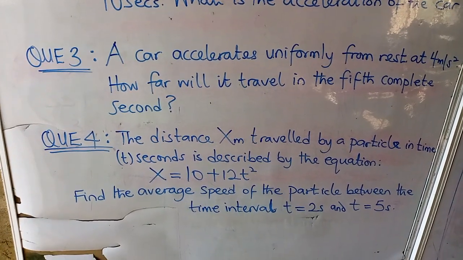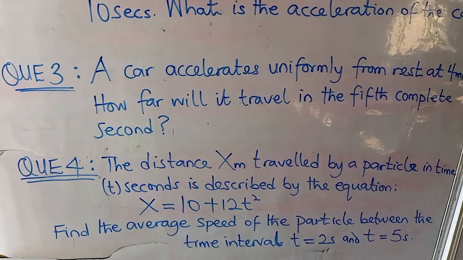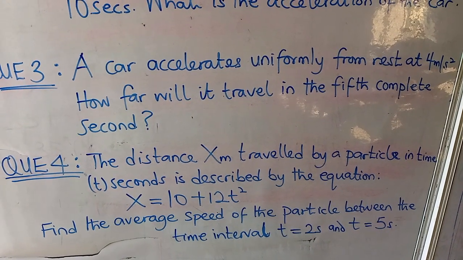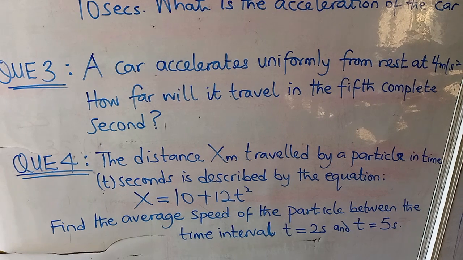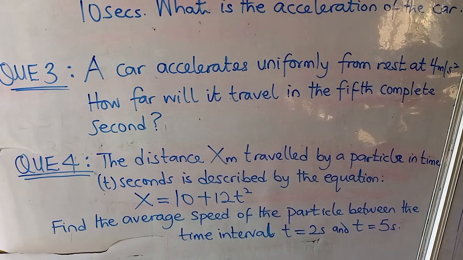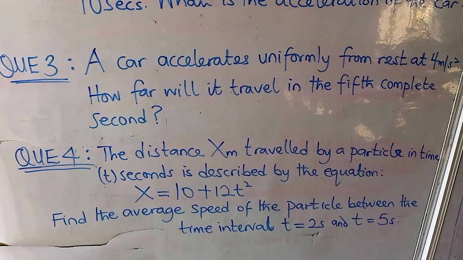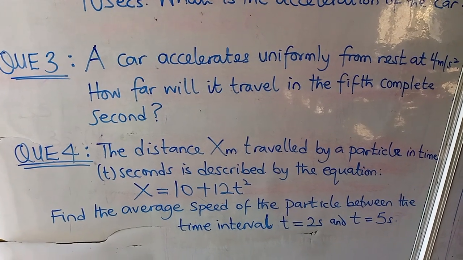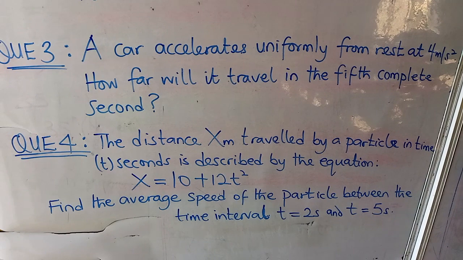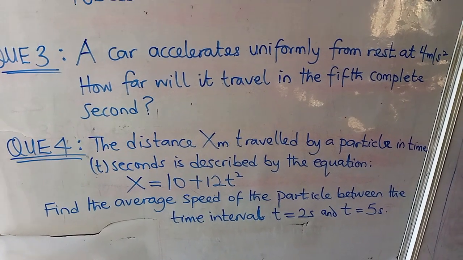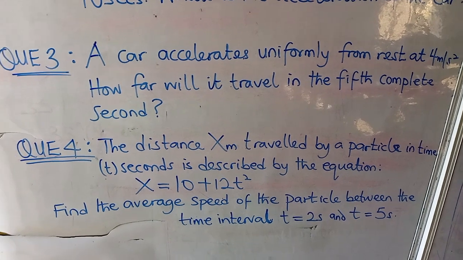The third one: a car accelerates uniformly from rest at 4 meters per second squared. How far will it travel in the 5th complete second? So you have to calculate how far it travels in the 5th second, not the 5 seconds, the 5th second. Number 4: the distance x meters traveled by a particle in time t seconds is described by the equation x equals 10 plus 12t squared.